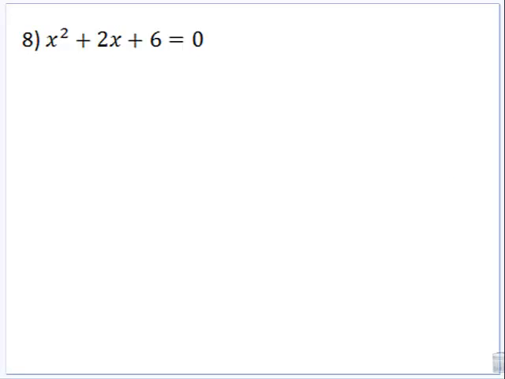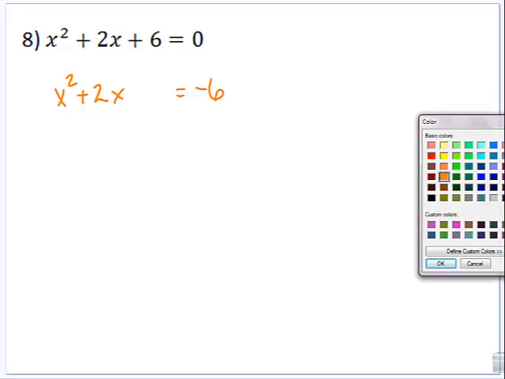Number 8 says x squared plus 2x plus 6 is equal to 0. So once again, on the left-hand side, that quadratic is not a perfect square. So we are going to have to subtract the 6 from both sides, making this x squared plus 2x is equal to negative 6, leaving a blank spot in so that we can complete the square.